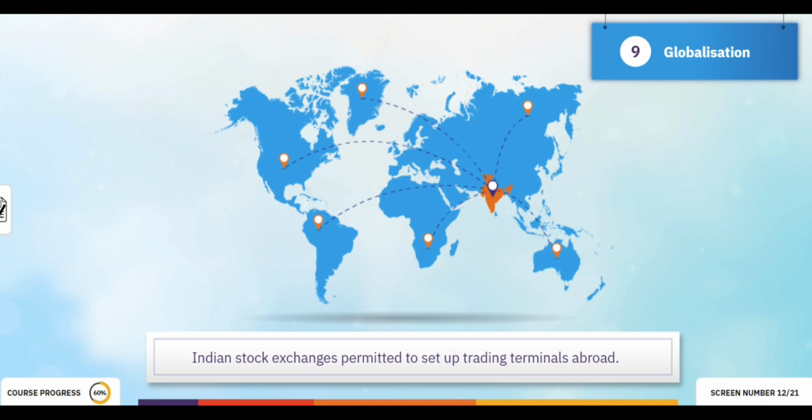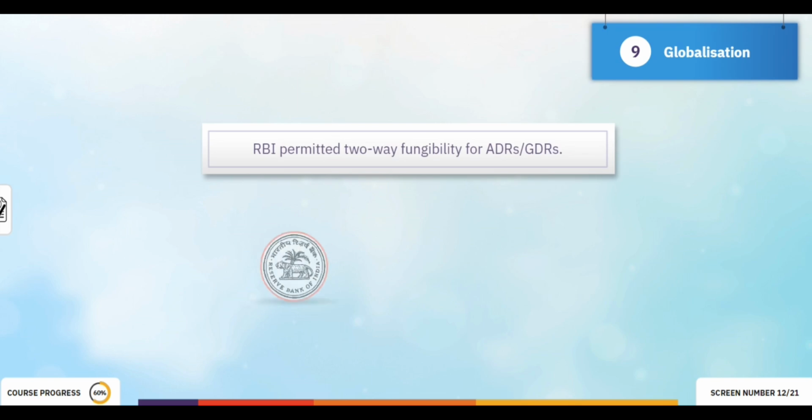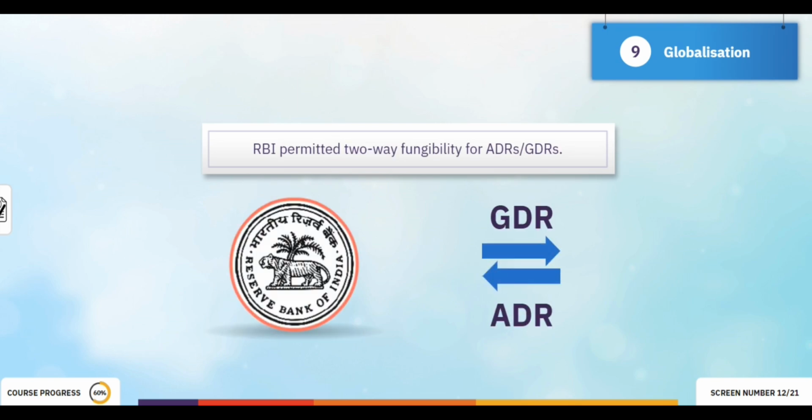The trading platform of Indian exchanges is now accessible through the internet from anywhere in the world. RBI permitted two-way fungibility for ADRs or GDRs, which means that the investors, foreign, institutional or domestic, who hold ADRs or GDRs can cancel them with the depository and sell the underlying shares in the market.